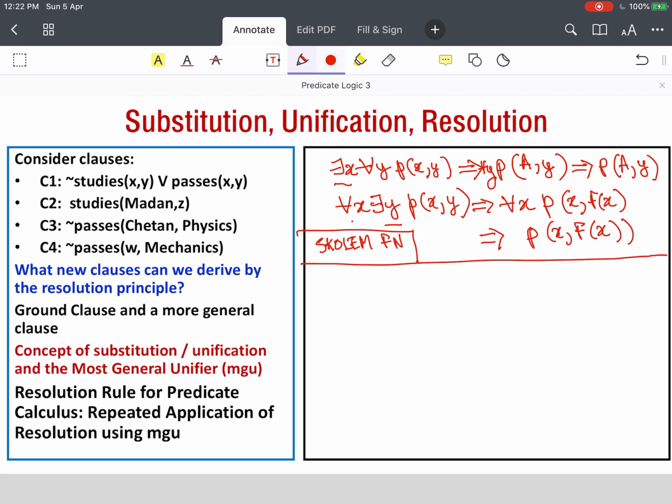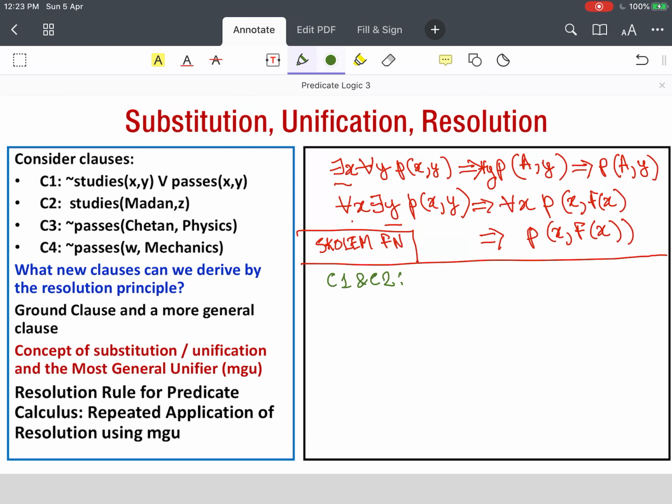Now once we have converted to clause form, as we should see, we now want to apply our resolution rule. Let us see us having these four clauses, C1, C2, C3 and C4. Now we can see C1 and C2 can be unified.